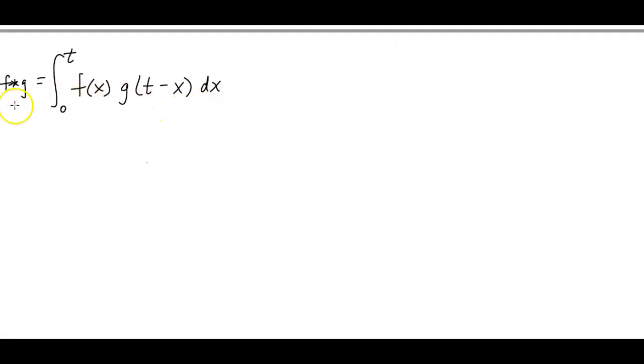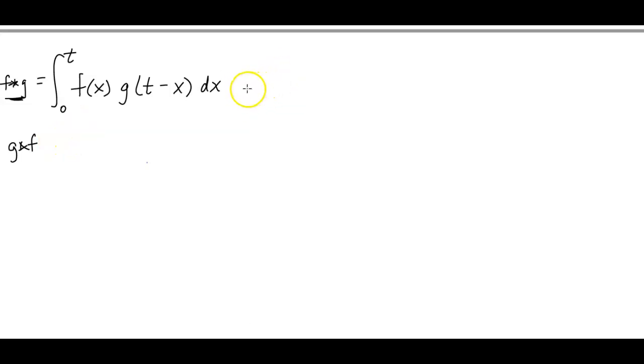All right, so over here I have f convolved with g, and we know by definition that equals this. So what I want to do now is switch this to where I could make it look like this, which means that my g would be in this spot and my f would be in this spot. Okay.